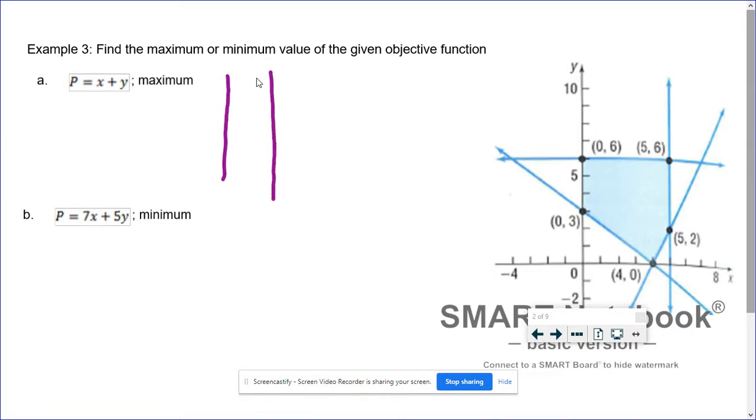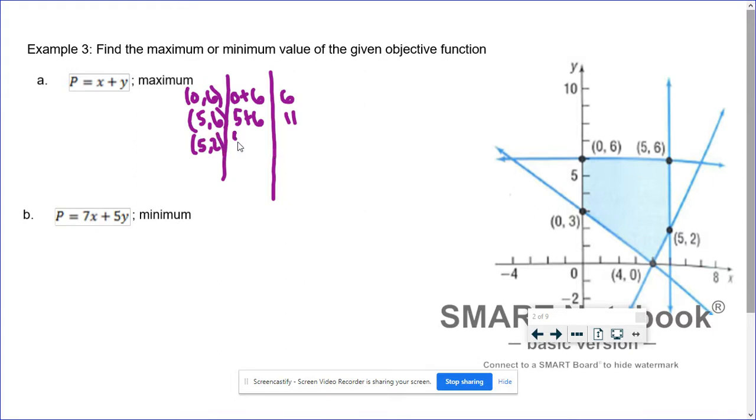where I'm testing each ordered pair. So the first ordered pair is 0, 6. When I substitute that into that function, I get 0 plus 6, and I end up with 6. All right, just go clockwise. 5, 6. Now it's just 5 plus 6, and I get 11. The next one is 5, 2.